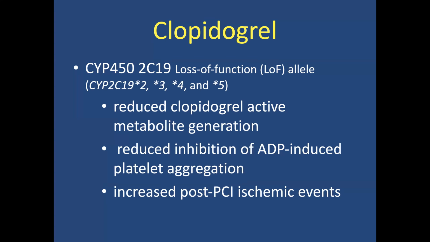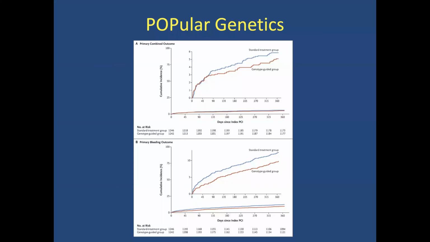So stents have become increasingly better. Patients are most often on aspirin, and there's a lot of other factors. So this loss of function allele is not necessarily the only factor which goes into an increased incidence of stent thrombosis.